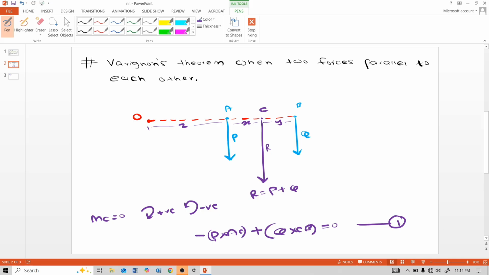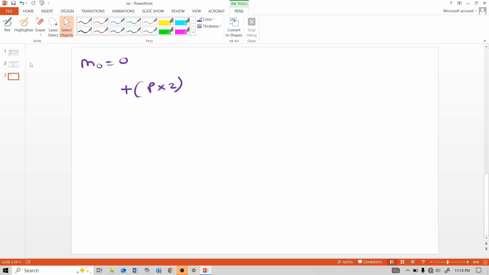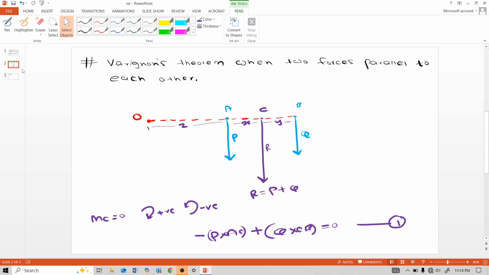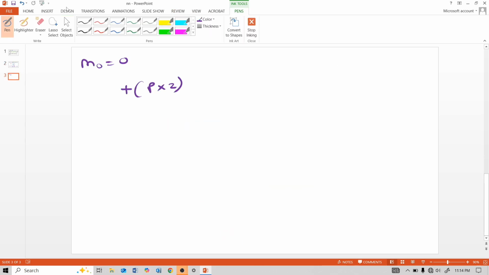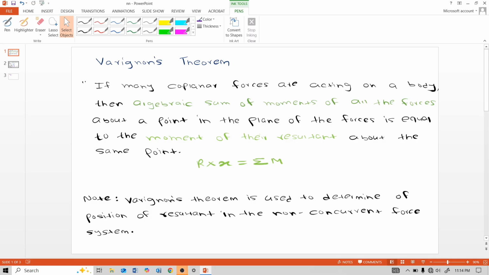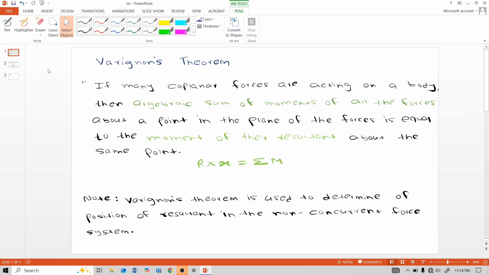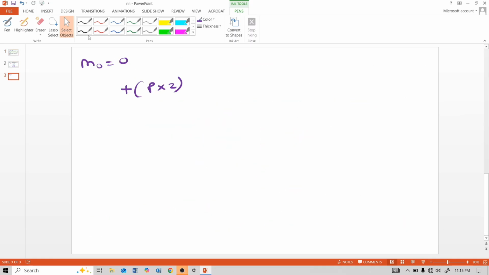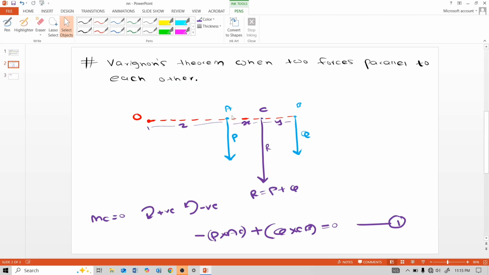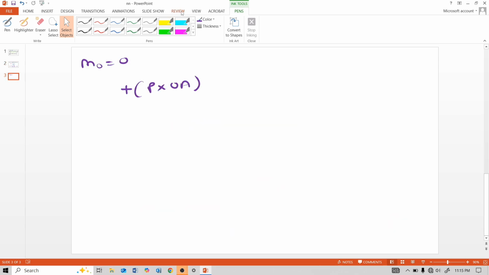So this Z is nothing but this OA. So P into OA plus Q into OB equal to 0.